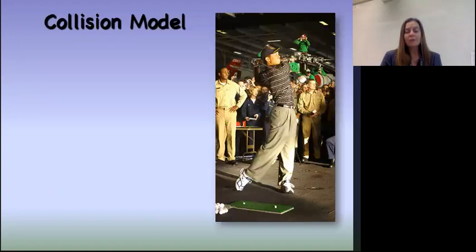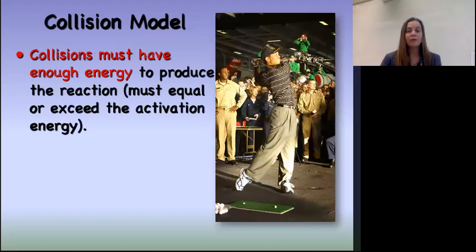So first thing we're going to talk about when we talk about kinetics is this idea called the collision model. So just like Tiger Woods strikes a golf ball, when we have the collision model, what we're talking about is that the collisions between the molecules, or the collisions between the atoms, have to have enough energy to produce the reaction. So we're going to talk about something called activation energy.